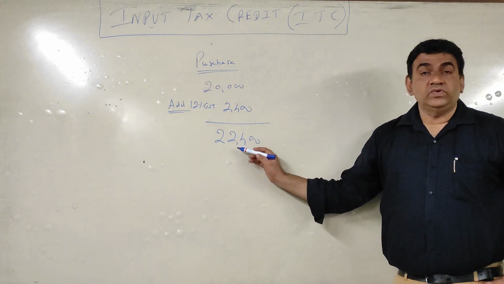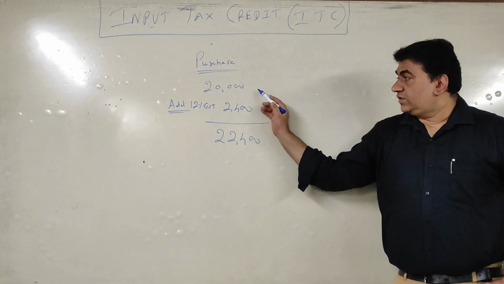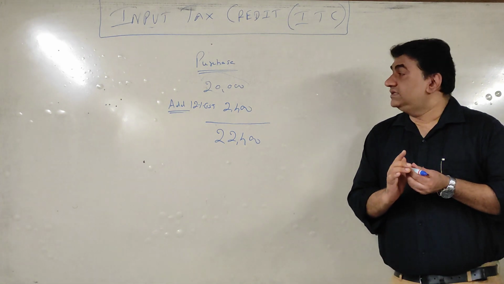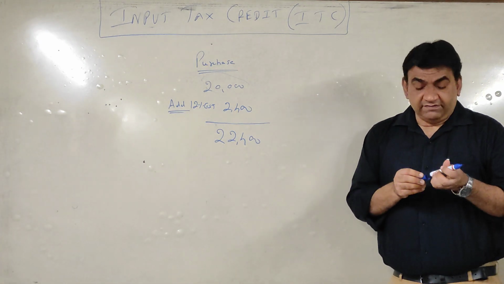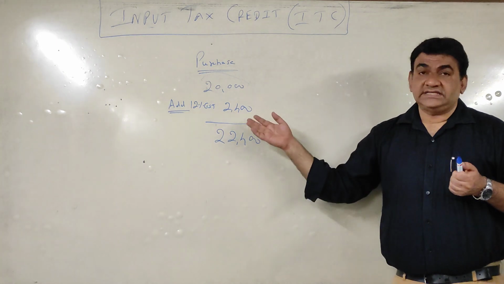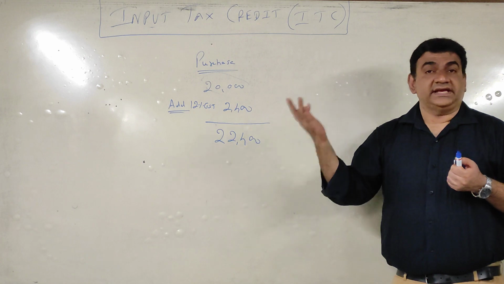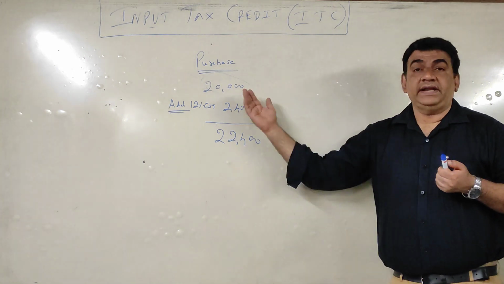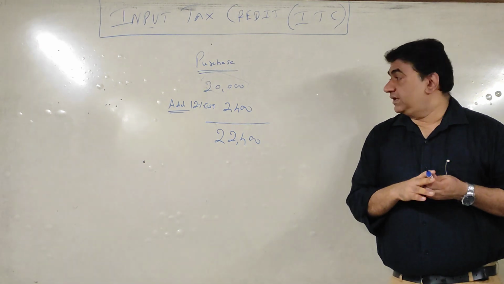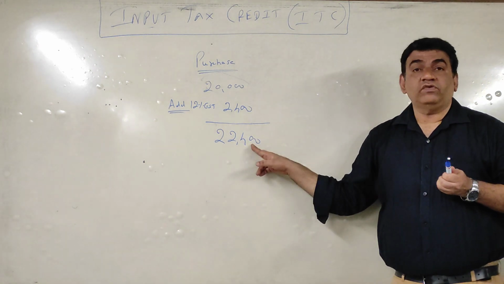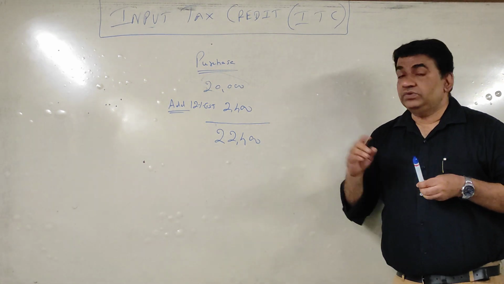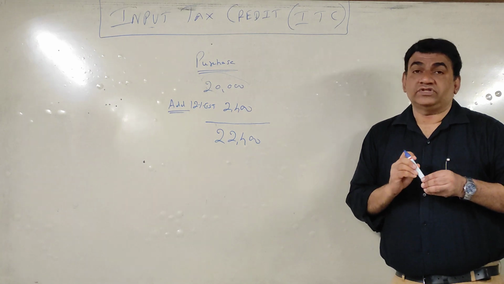He will take 22,400 from you. 20,000 is his money, he will keep it with himself, and this 2,400 he will deposit to the government in the form of GST. GST can be IGST, CGST, SGST, UTGST, depending upon the place, which we will see in detail in the second half of this chapter.